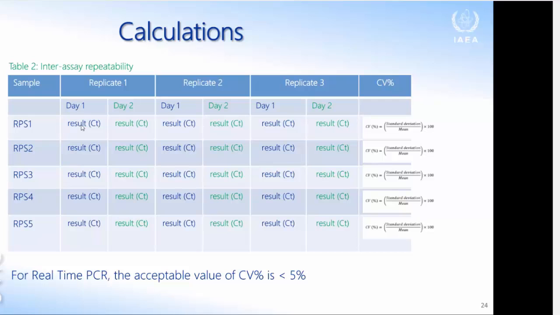All these 6 results are taken into consideration when calculating the standard deviation, and from that the coefficient of variation. You will obtain these results for all 5 samples, and by this you can assess how good your repeatability is. Of course, your coefficient of variation shouldn't be higher than 5%.